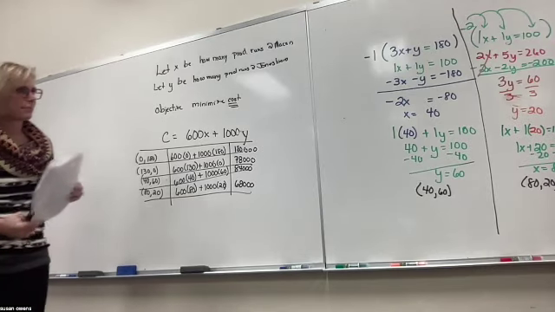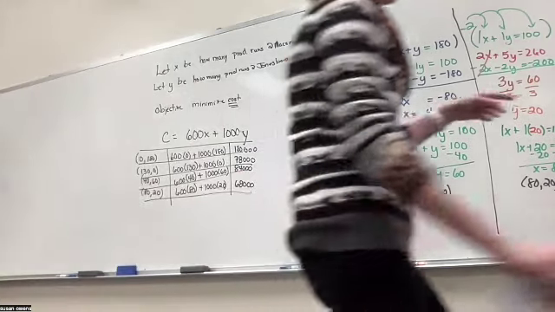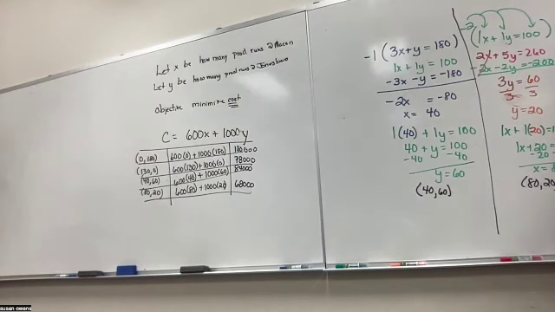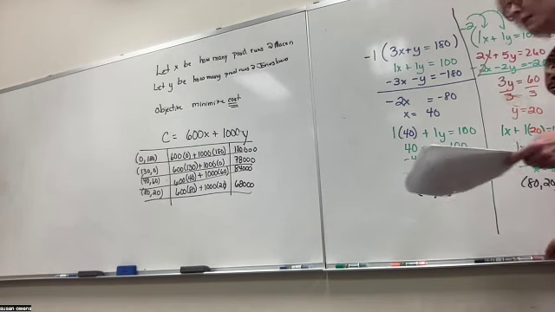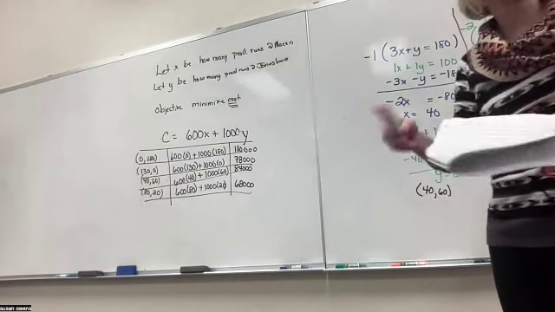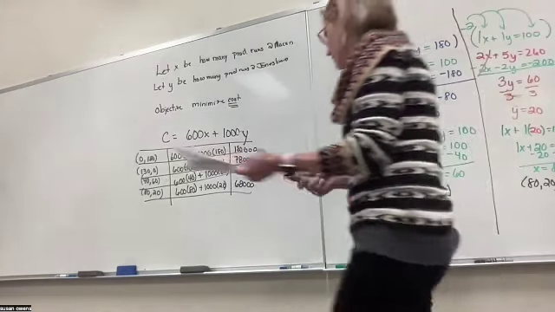And on the last test, somebody would just go, oh, this is the lowest point, so this is the one that minimizes it. Don't do that. You have to substitute it in. That is not the one that minimized it, right? So we substitute those in, get the answer, find the smallest one in this case, because we're trying to minimize.